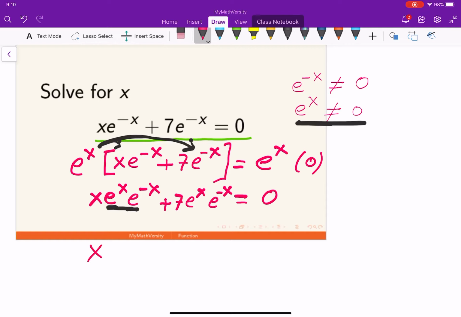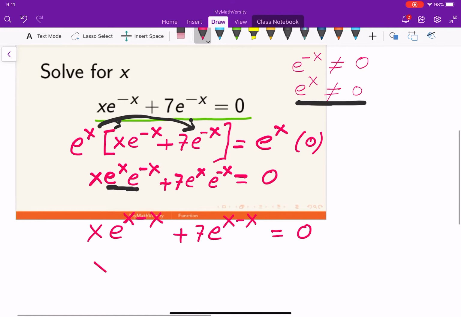So write down x as it is, and now e to the power x times e to the power minus x will be, by using that exponent law, e to the power x minus x. That's how we can combine. In the same way, we can do 7 times e to the power x minus x on the second term, and then set that equal to 0.